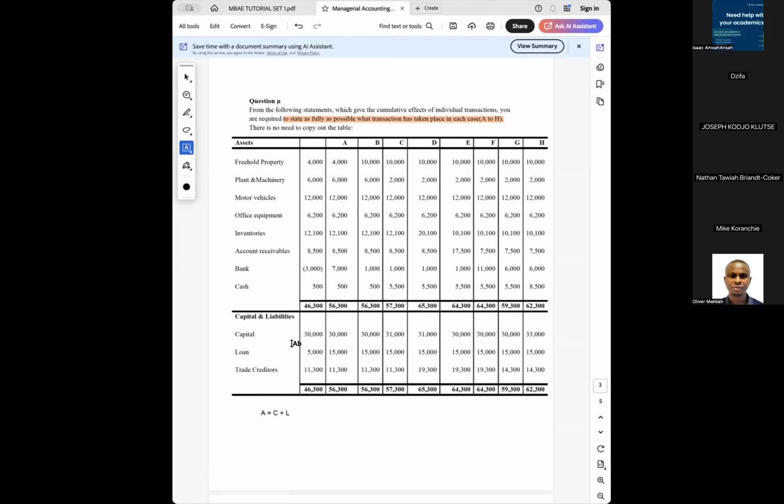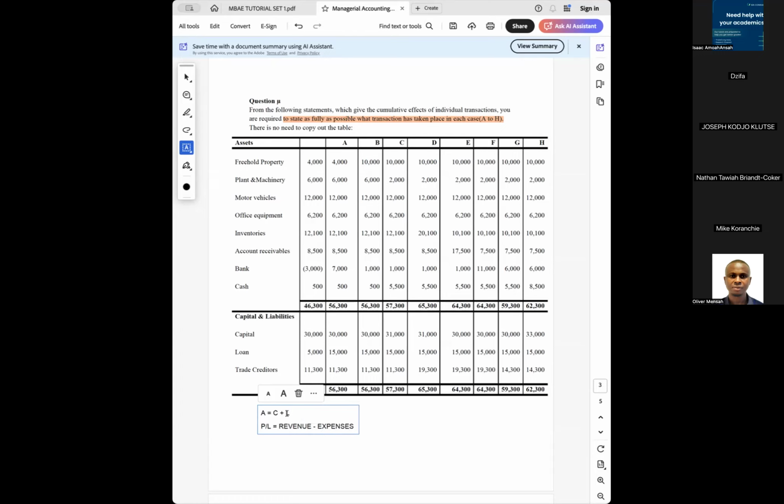We can explain the losses and the profit with just one equation, right? Profit and loss can be explained from the profit function. So profit or loss is a function of revenue minus expenses.